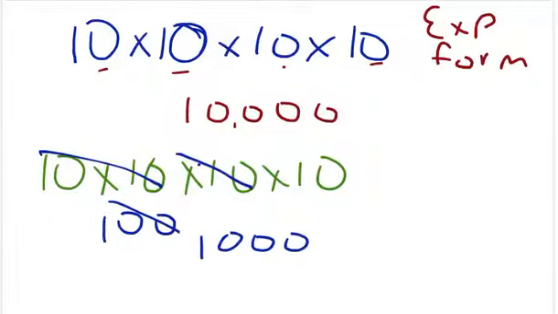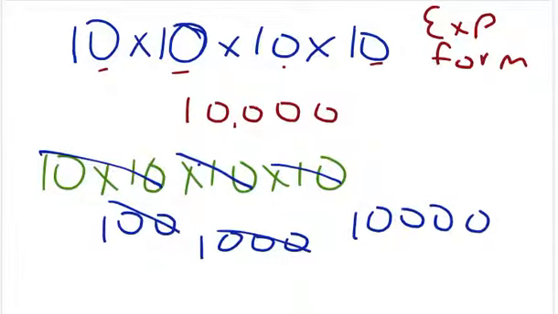If I have 10 1,000s, 10 times 1,000, I have 10,000. So we see that the math there, if we break it down into 3 different multiplication problems, is that 10 to the 4th turns into 10 times 10 times 10 times 10, which is 10,000. Alright? Make sure you guys are getting this copied down. And remember, as always, if you have to pause it to write stuff down and pay attention, make sure that you are doing so.